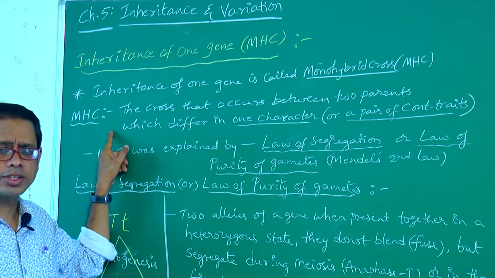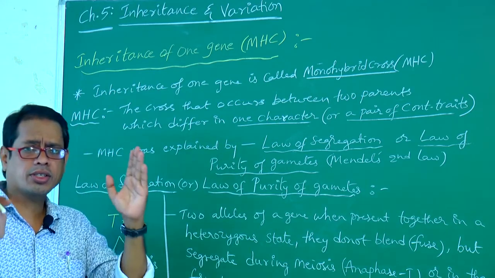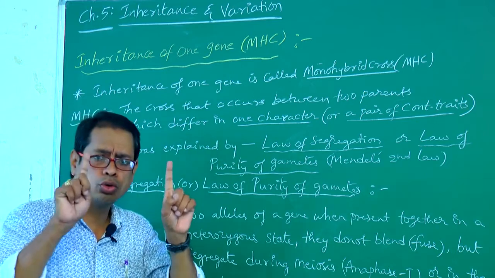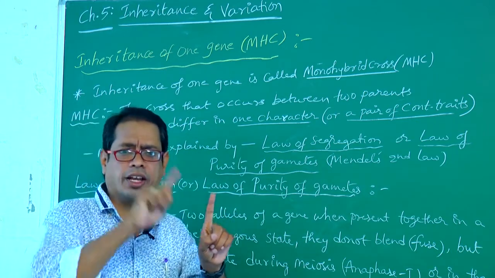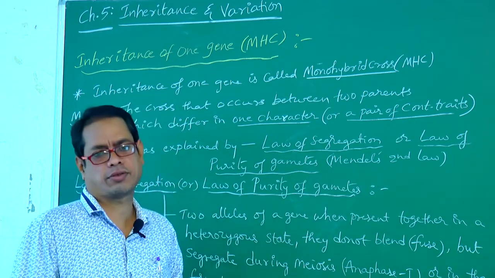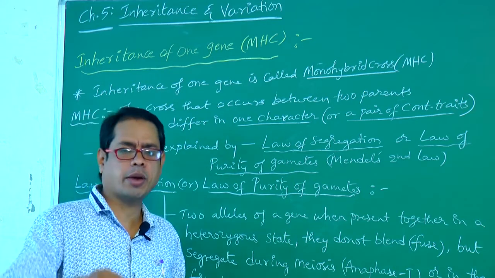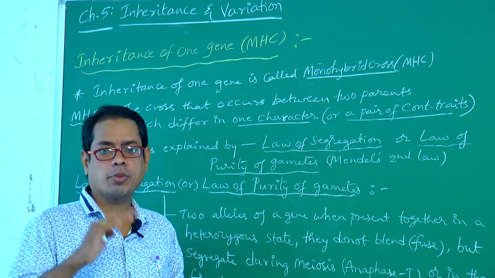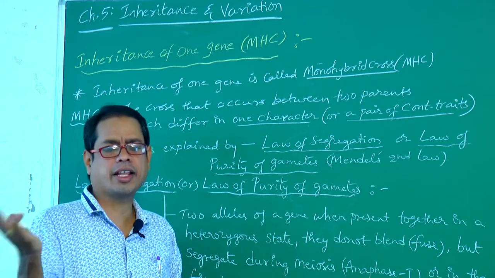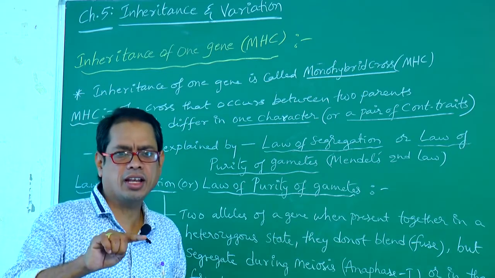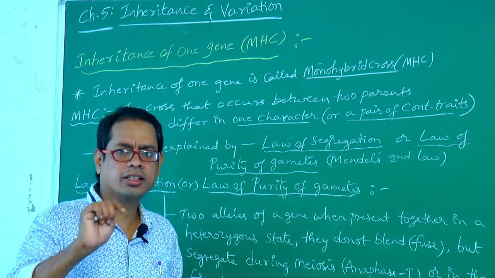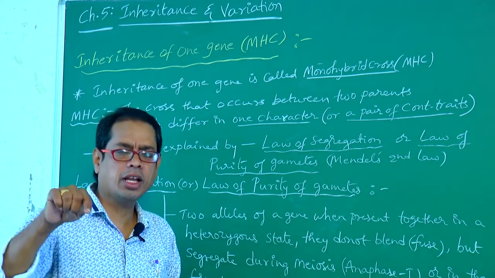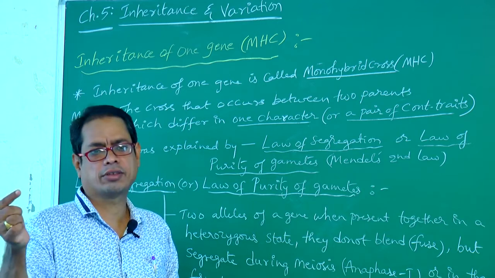Monohybrid cross means the cross that occurs between 2 parents which differ in one character. It may be the stem height, tall and dwarf, or flower position, axial or terminal. Axial is a trait, terminal is another trait.